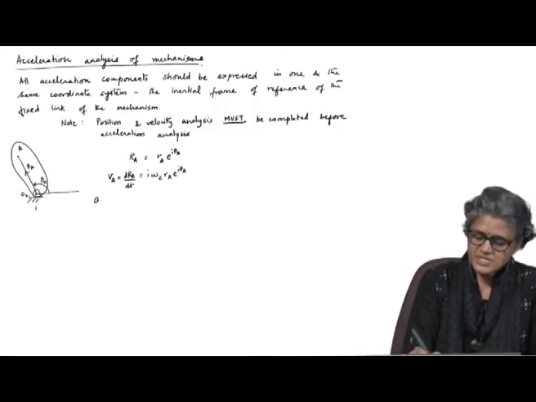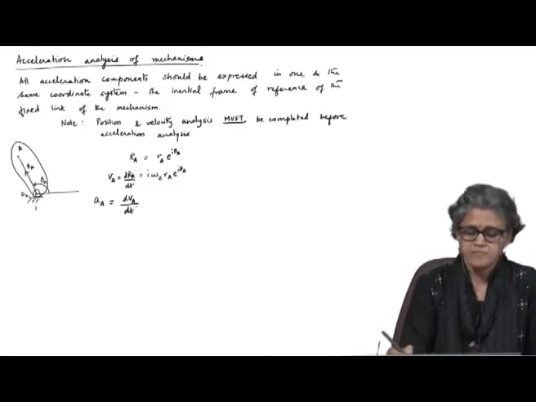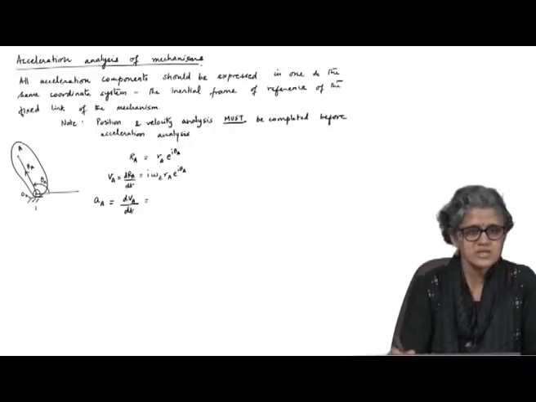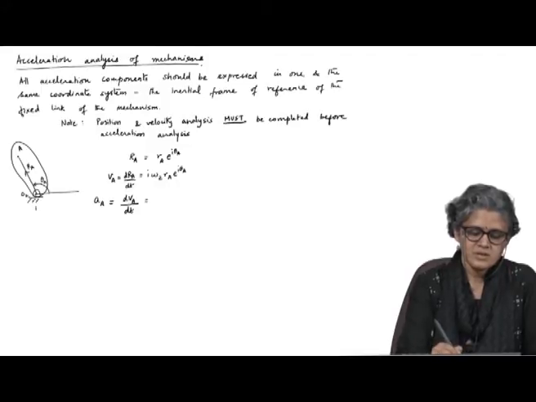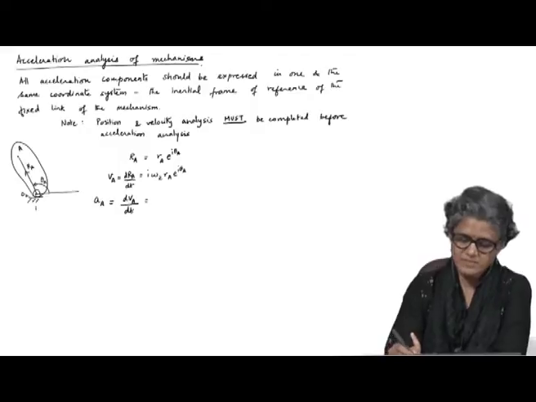The acceleration of A is defined as the rate of change of the velocity. So, if I differentiate this, in this case R_A is a constant, because O2A is part of this rigid body.